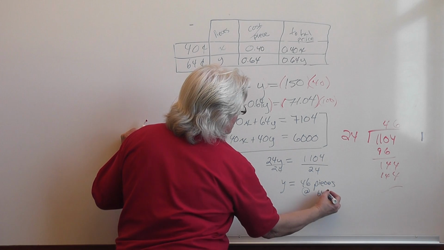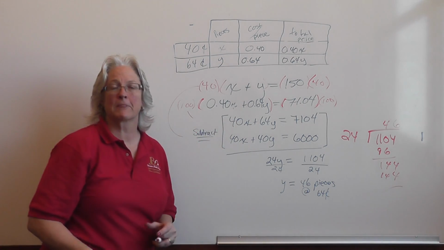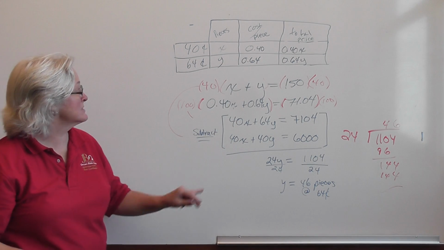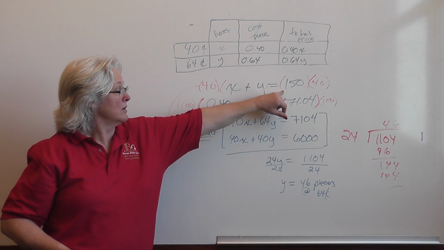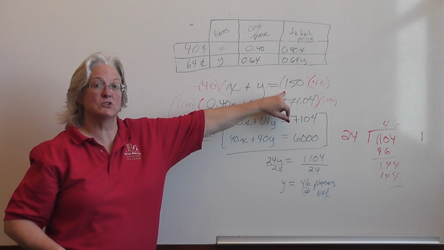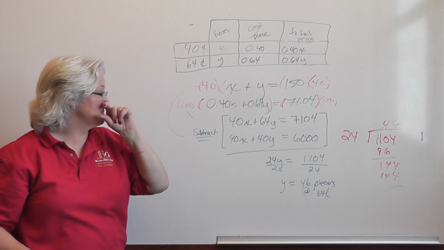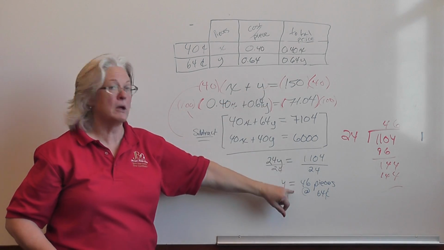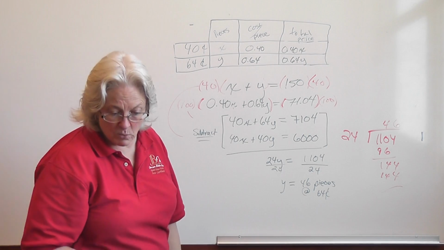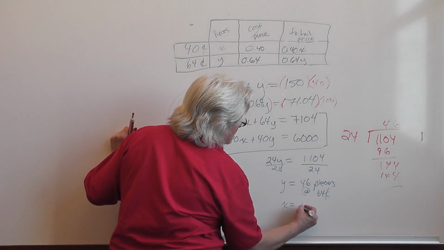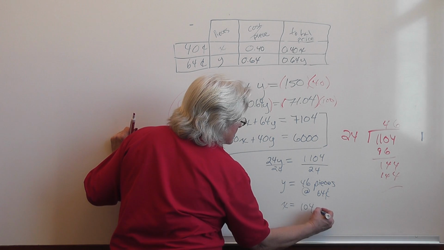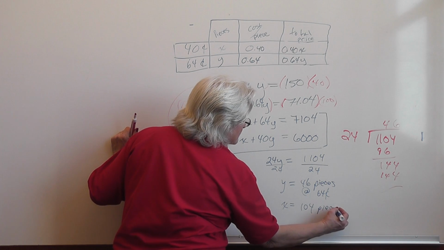If we had a total number of pieces of postage, 150, and 46 cost 64 cents, how many pieces of postage are we going to have that cost 40 cents to mail? Well, it's 150 minus 46, which is 104 pieces of postage that had a cost of 40 cents.